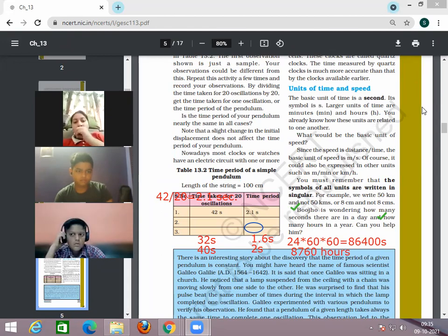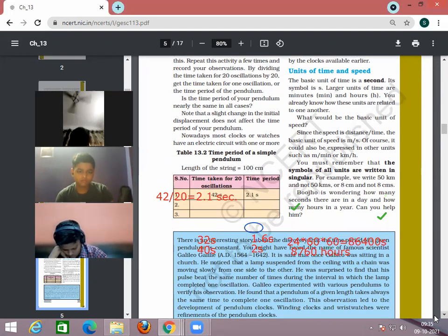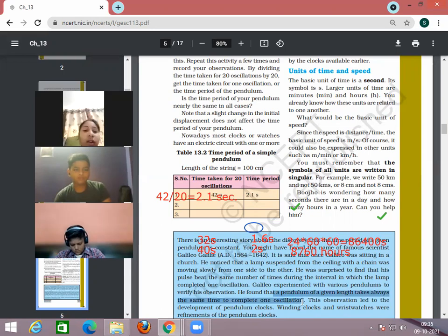He was surprised to find that his pulse beat the same number of times during the interval in which the lamp completed one oscillation. Galileo experimented with various pendulums to verify his observation. He found that a pendulum of a given length always takes the same time to complete one oscillation. This observation led to the development of pendulum clocks.